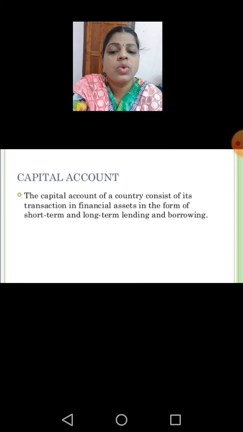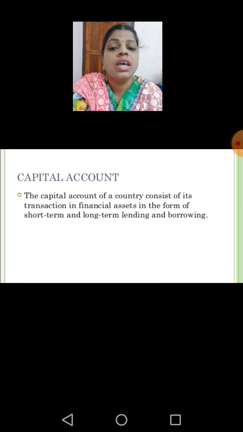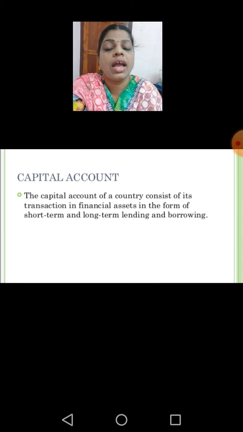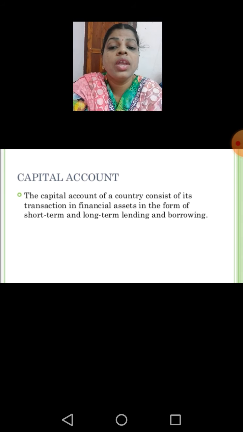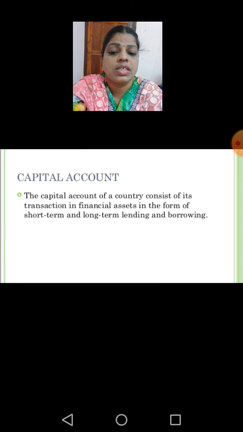Borrowing and lending of different financial assets, maybe short term or long term.